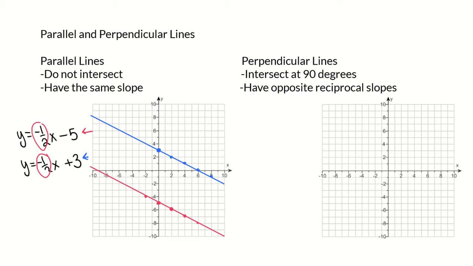Now let's do an example of perpendicular lines. y equals 4x minus 1 and y equals -1/4 x plus 3. This first line starts at -1 with a slope of 4/1.